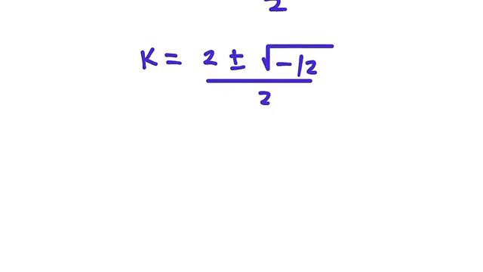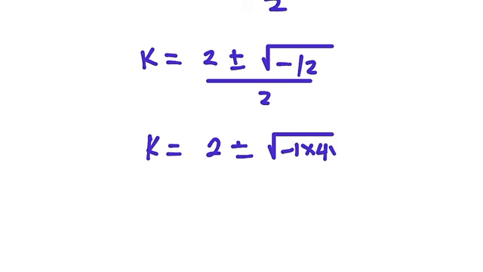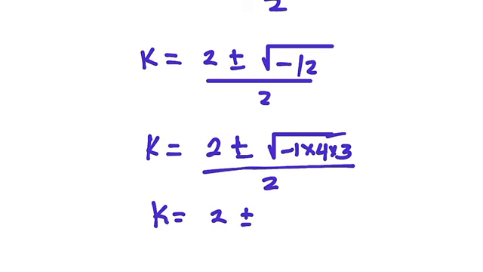Okay, so we're going to have k equals 2 plus or minus. We can have minus 1 times 4 times 3 here, all divided by 2.